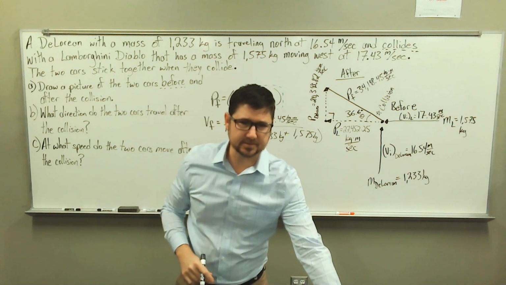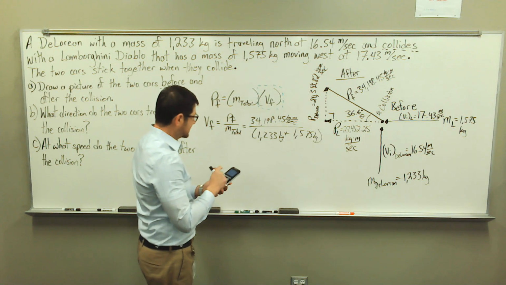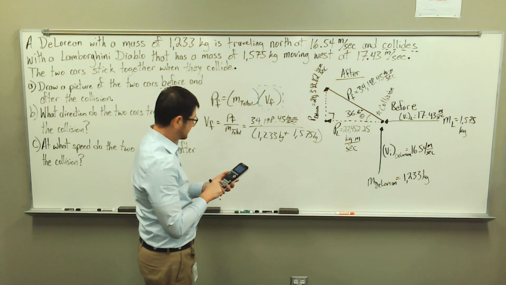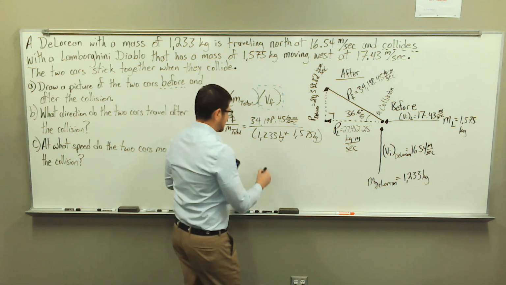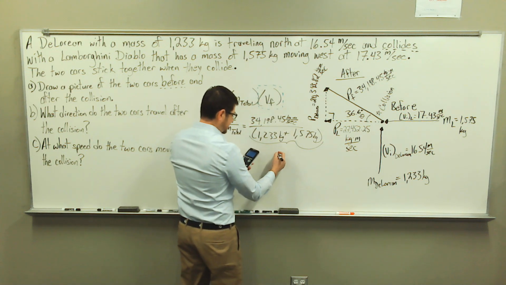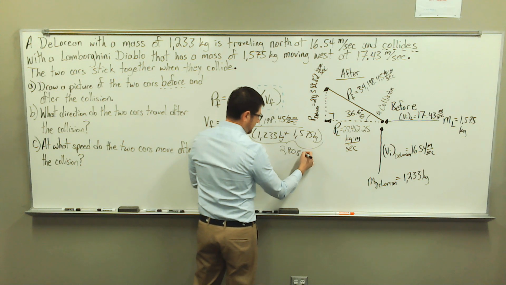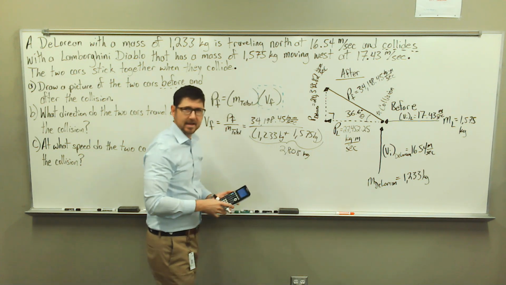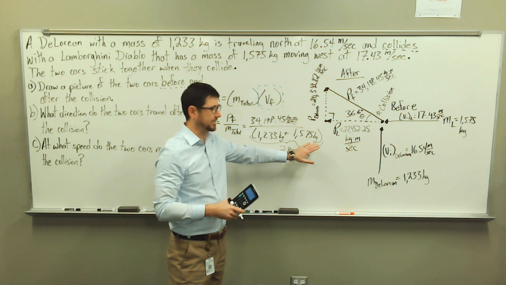Okay, all right, let's grab our calculator here. So in my denominator, the sum of these two values is 2,808, and our units are kilograms, because we're calculating the total mass of the system, okay?